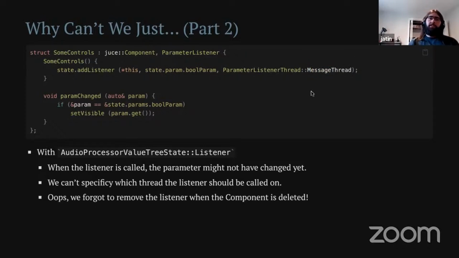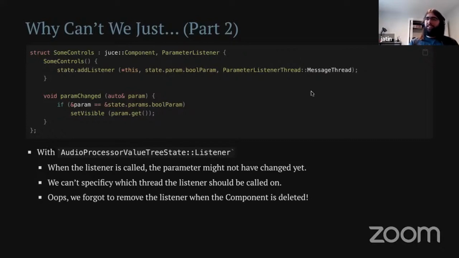And then the third issue is that this code is actually incorrect. The reason it's incorrect is because we never remove the listener from the plugin state when the UI component is deleted. This is a silly bug that I've run into probably at least 20 times now, where you do something like this and you test it in the standalone version of the plugin and it works fine. Then you test it in a DAW and it works fine.